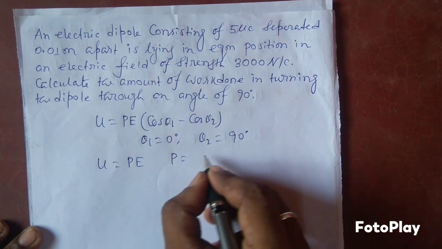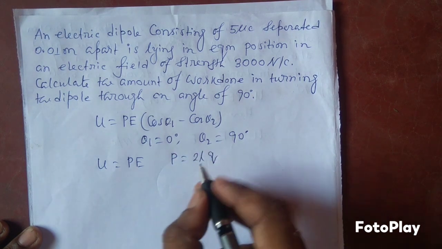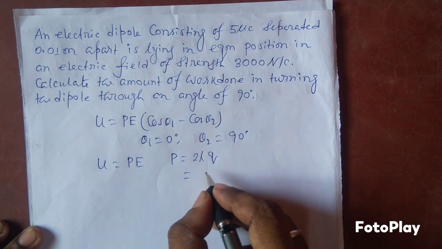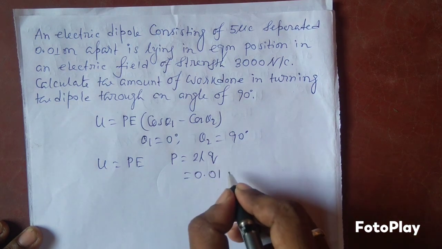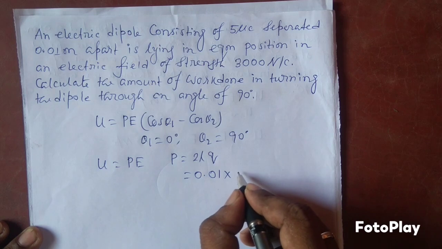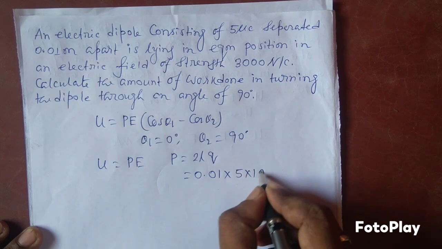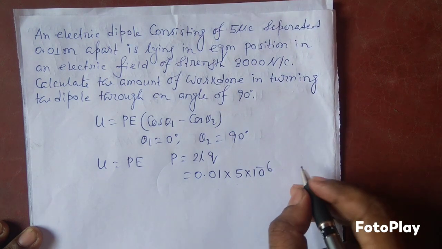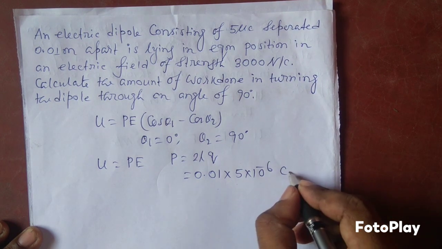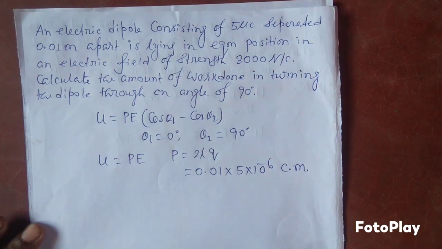P is 2LQ, 2L is 0.01 into 5 microcoulomb, 5 into 10 to the power minus 6 coulomb meter.